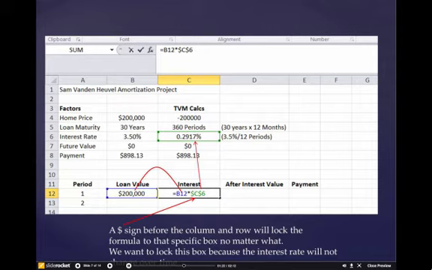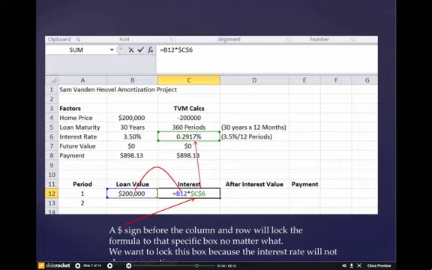What you can also see here, which is another important sign, is the dollar sign before the C and before the 6. Now we're putting it in this particular cell because when we look at that interest rate, we aren't going to move that cell. That cell is going to stay there no matter what, and we want to lock that cell in.